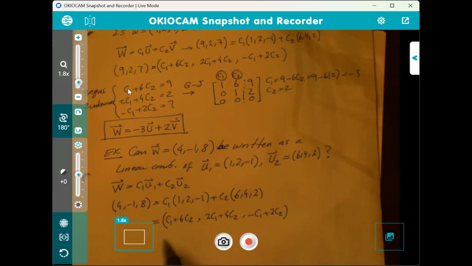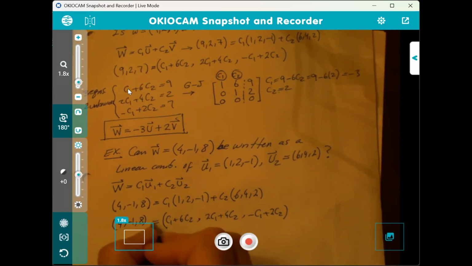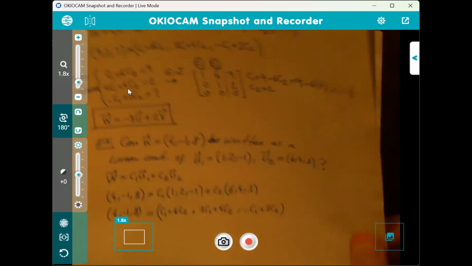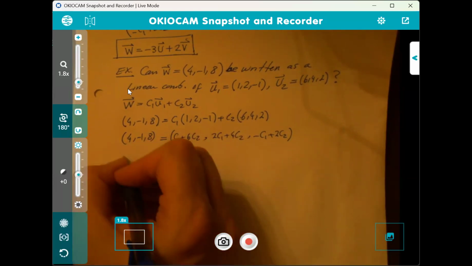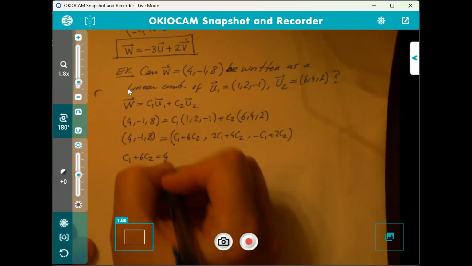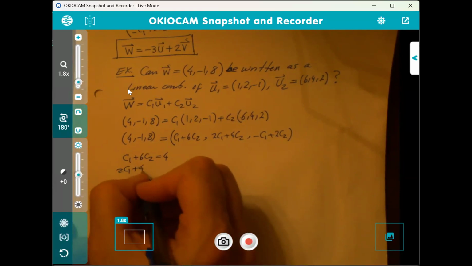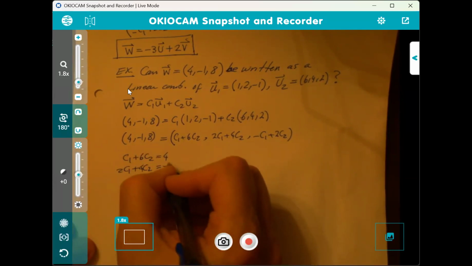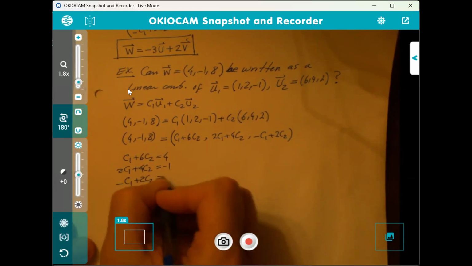And now, in order for these two vectors to be equal, every corresponding component must be identical. That means C1 plus 6C2 should equal the first component on the left, 4. 2C1 plus 4C2 should equal -1. And -C1 plus 2C2 should be 8.